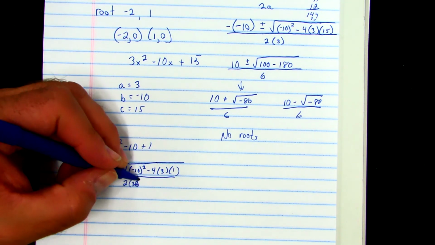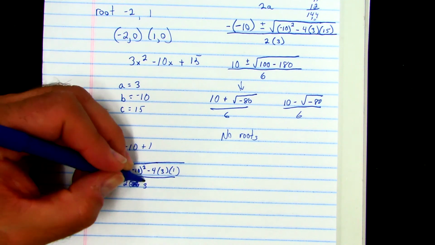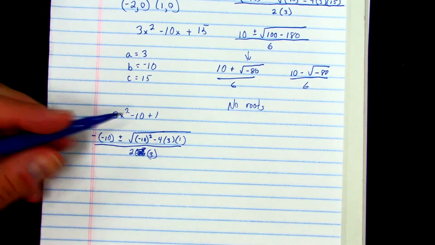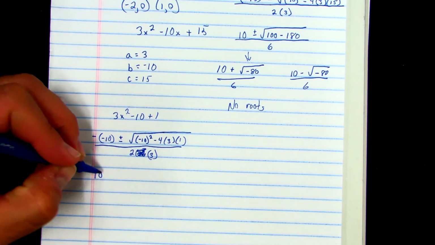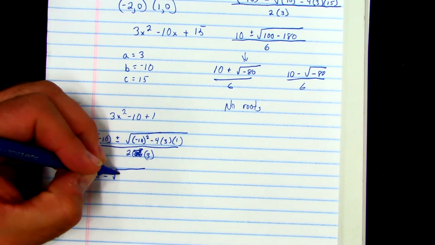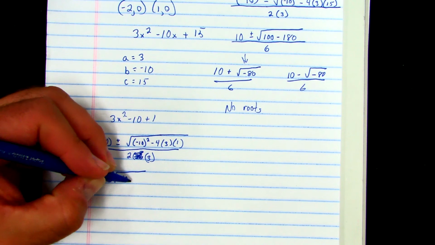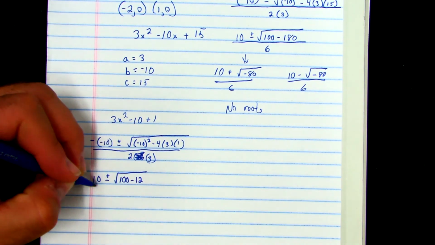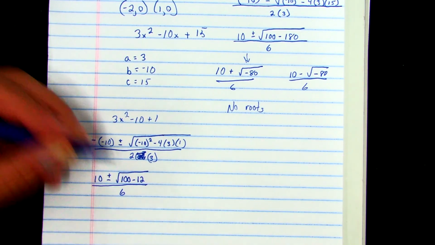Now I go through and do the very simple math. It's 10 plus or minus the square root of 100 minus 12, over 6.